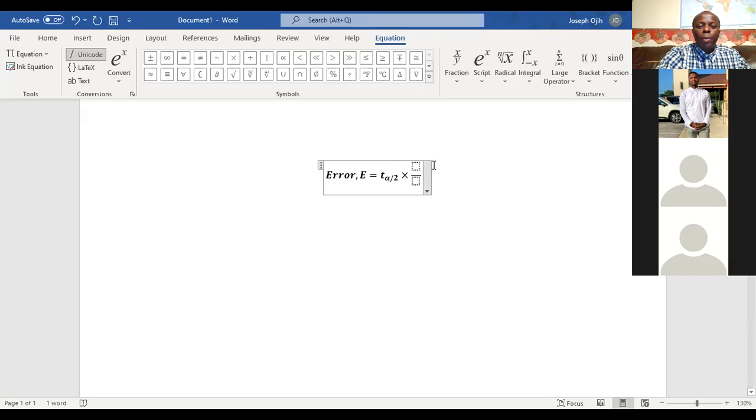This time we don't know the population standard deviation, so we'll be using the sample standard deviation s over the square root of n.